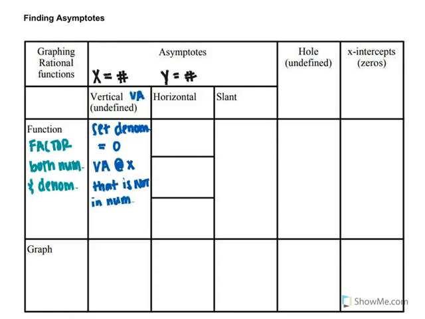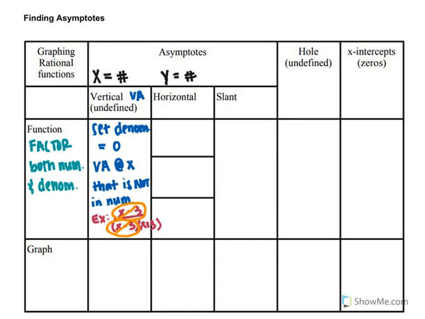So let's look at a little example so that we can see this. Say I factored my equation here and I got x minus 3 over x minus 3 and x plus 3. So we can see here that x minus 3 is in both the numerator and denominator. So what would actually happen with those is they would cancel, and we wouldn't have a vertical asymptote at x is positive 3.